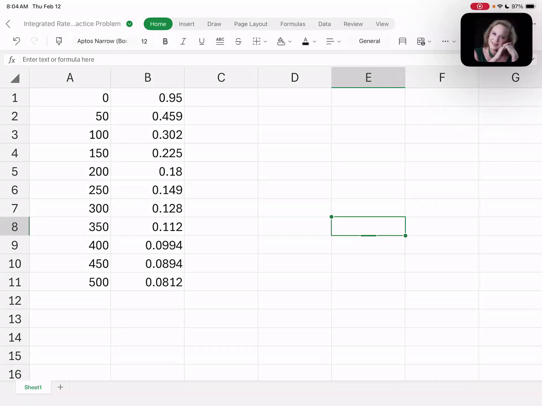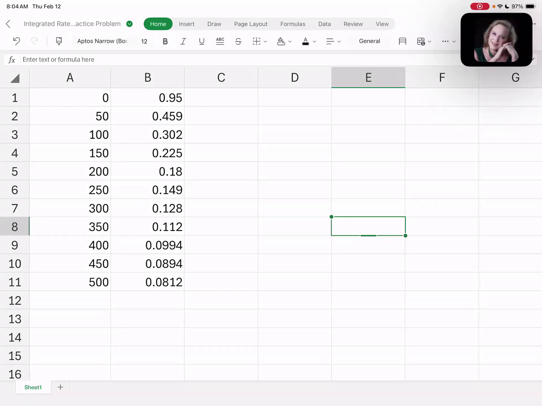So if you graph concentration as a function of time, and it gives you the best straight line, then that's telling you that it's 0 order with respect to that component. If you graph the natural log of concentration as a function of time, and that gives you the best straight line, then it is 1st order.